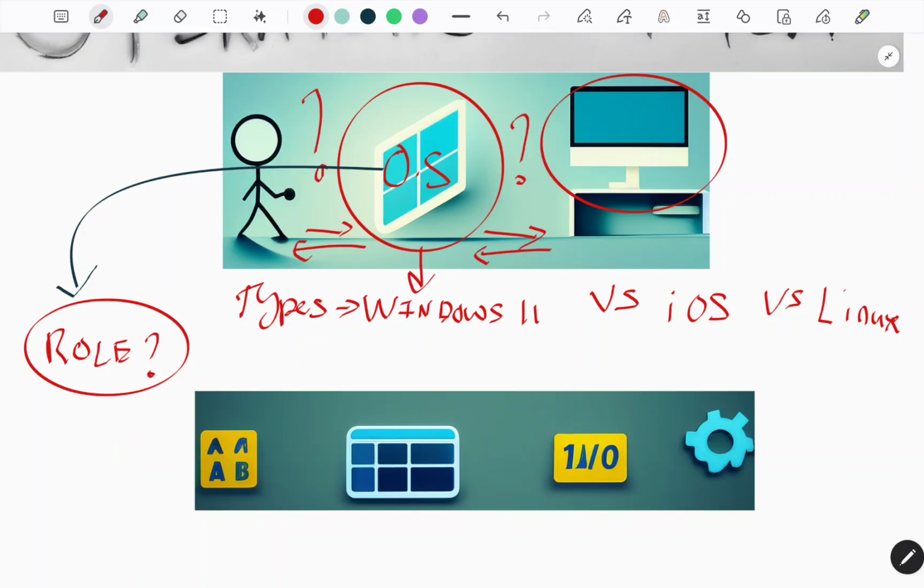The OS needs to take care of the components, right? They need to take care of this thing over here, okay? They need to manage the hardware, right? They need to manage the hardware.